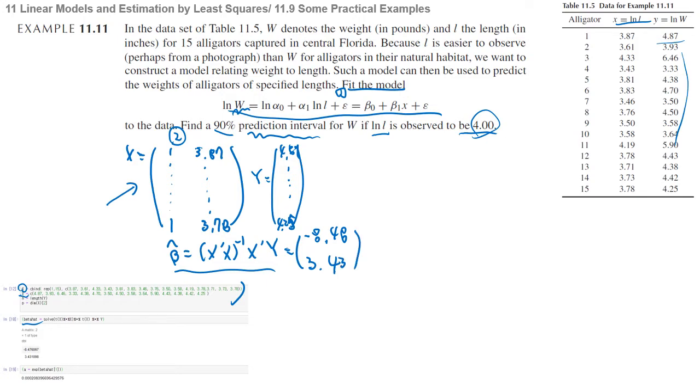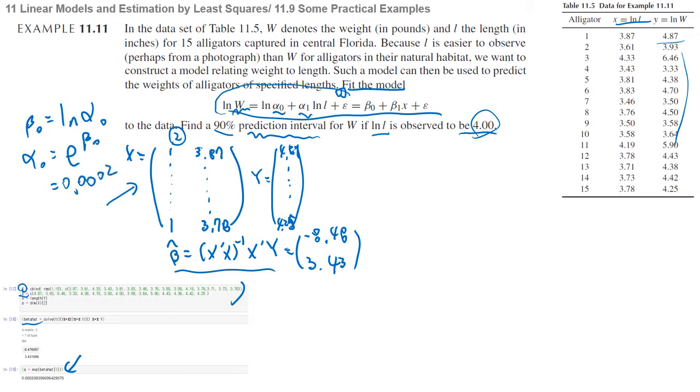Now we found beta 0 hat and beta 1 hat, so from here we can calculate alpha 0 and alpha 1. Beta 0 is ln alpha 0, so alpha 0 is e to the beta 0. Here we calculated alpha 0, which is 0.0002.